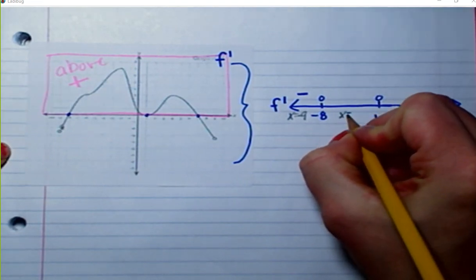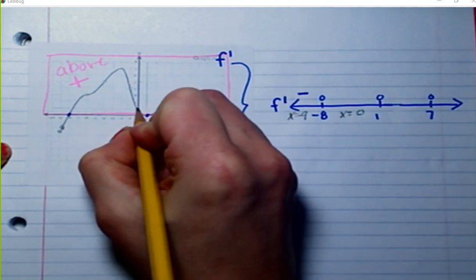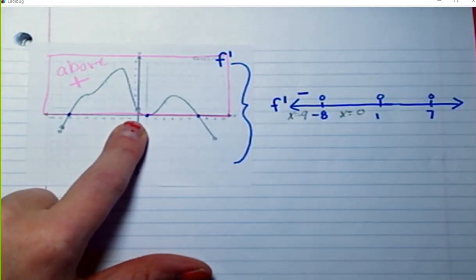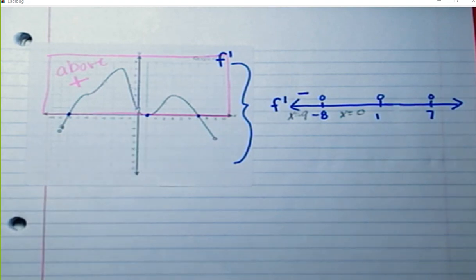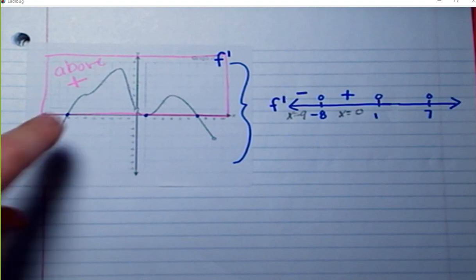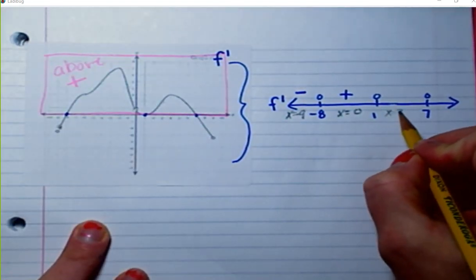Okay, so let's try like x equals 0. Okay, right here. Is it positive or negative right there? Okay, notice it's positive on the top half. So go x equals 3.